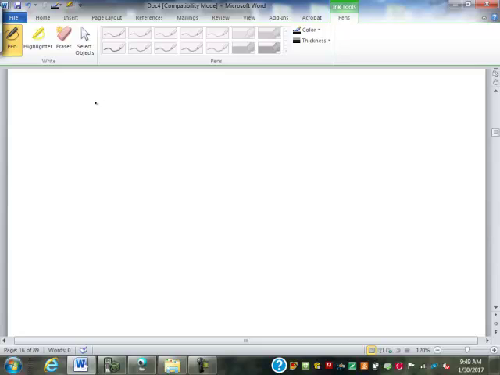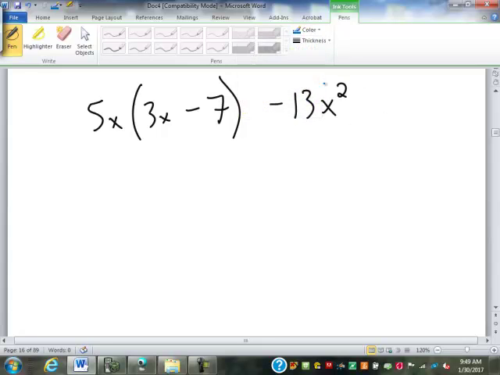We might have something like this. So again, we look at the parentheses. Is there anything to do inside the parentheses? No. So then we have to look, is there anything to do to the parentheses? Yes, being multiplied by 5x. So 5x times 3x? 15x squared, 15x to the second. 5x times negative 7?